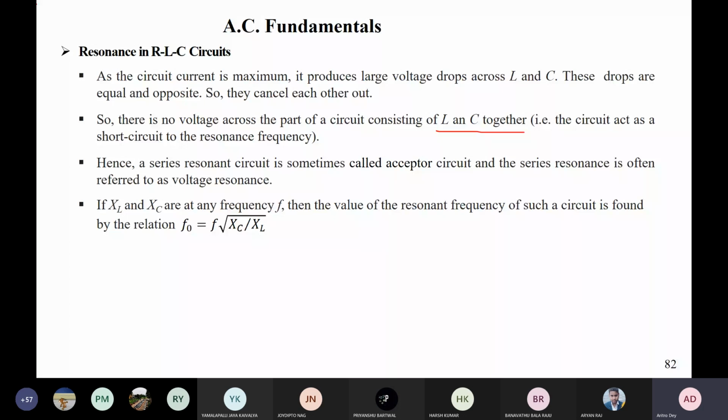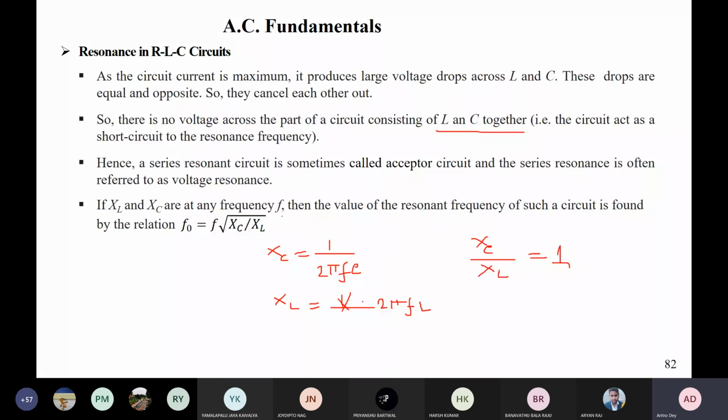If XL and XC are at any frequency f, then the value of the resonant frequency of such a circuit is found to be the relation f0 is equal to this. Okay, so this is actually XC, we can write it as 1 by 2 pi f into C. XL is equal to, sorry, it is 2 pi f L. Then what we can write from here, XC by XL is equal to, at resonance, this is equal to 1.